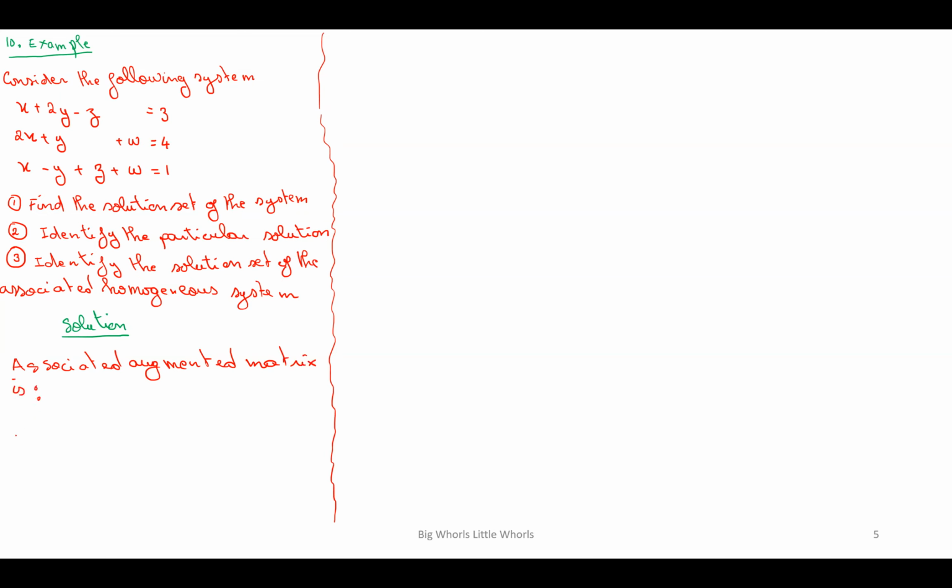is, let me do it row by row. We have 1, 2, minus 1, 0, and then the constant is 3, and the second row we have 2, 1, 0, 1, 4, and the third row we have 1, minus 1, 1, 1, 1.